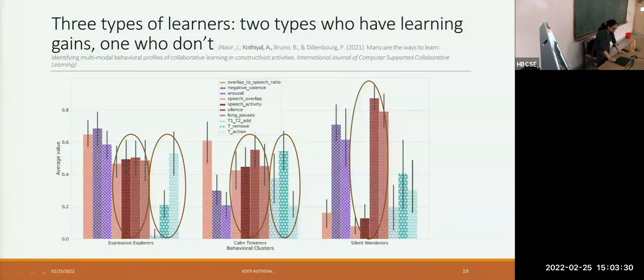The expressive explorers have very high actions, but a very low number of removal actions and T1, T2 type actions. T1, T2 type actions means that I added and then my partner removed, or I added and I removed. So this signifies a rapid evaluation and removing type of approach.